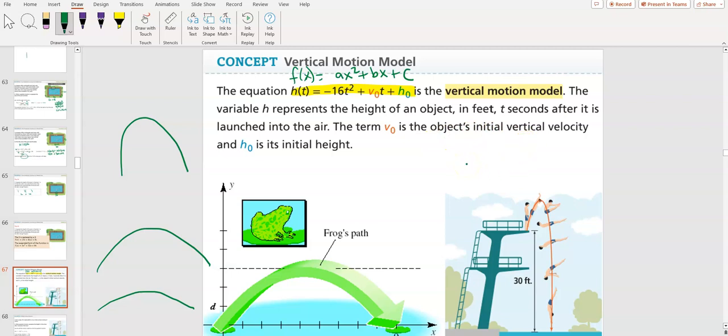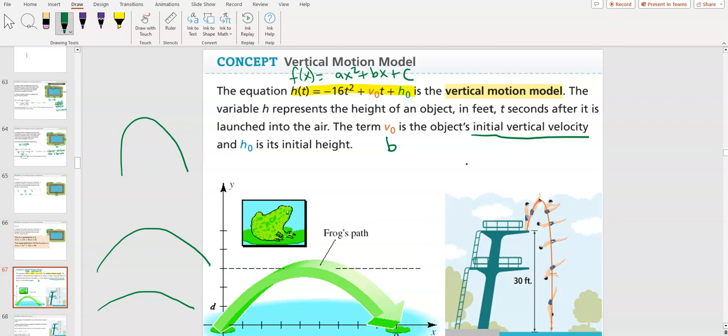So you can think that b, in my standard formula, is its initial vertical velocity. That's important to know because velocity is telling us how fast something is moving and in what direction, speed and direction. And that letter b is going to tell us that.